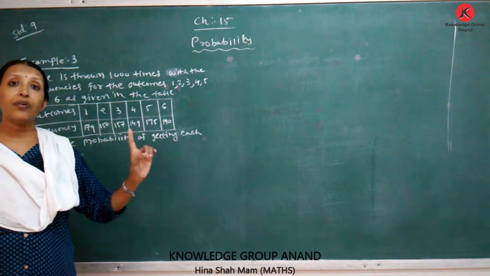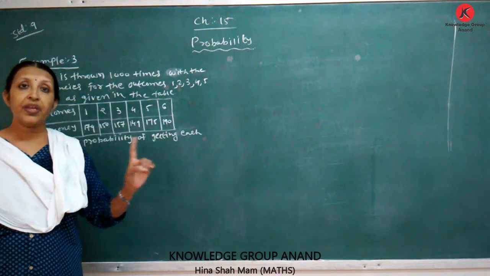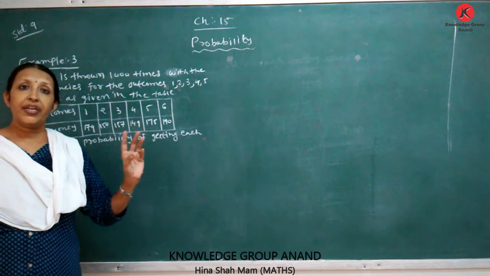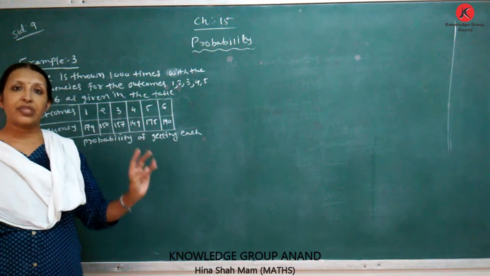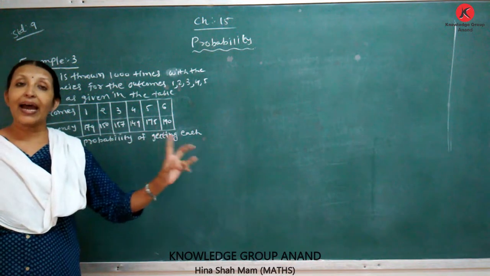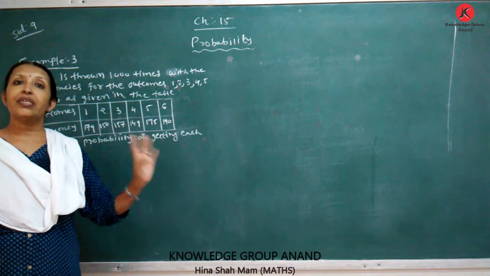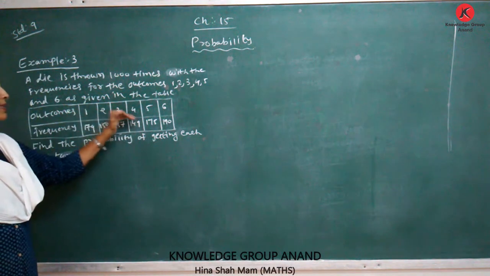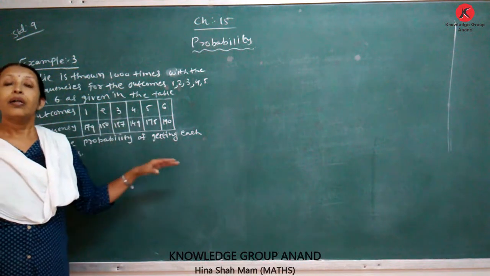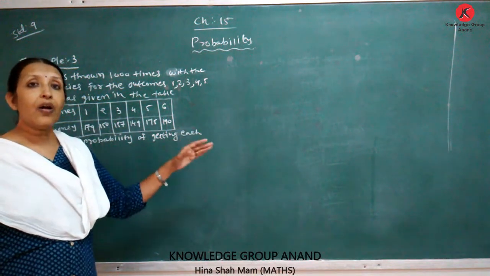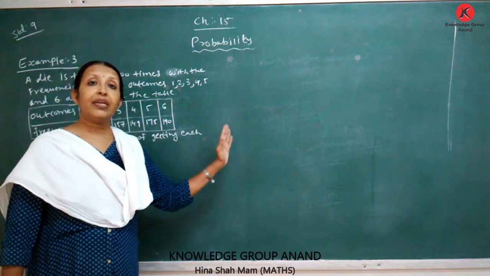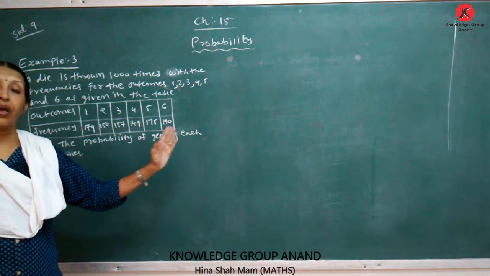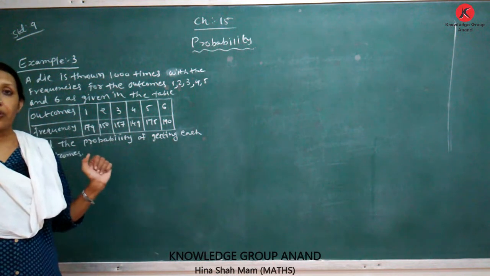The event of getting 1 is called A. The event of getting 2 is called B. The events of getting 3, 4, 5, 6 are called C, D, E, F. Okay, all events are called A, B, C, D, E, F. Now, the probability of event A, P(A), is equal to the number of times of getting 1 upon the total number of outcomes.